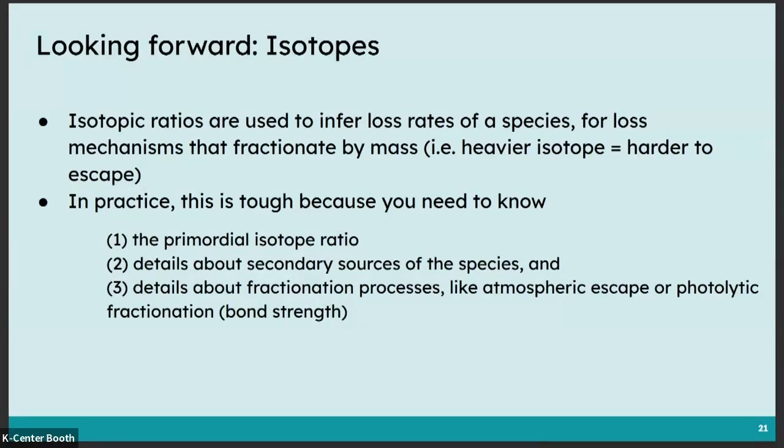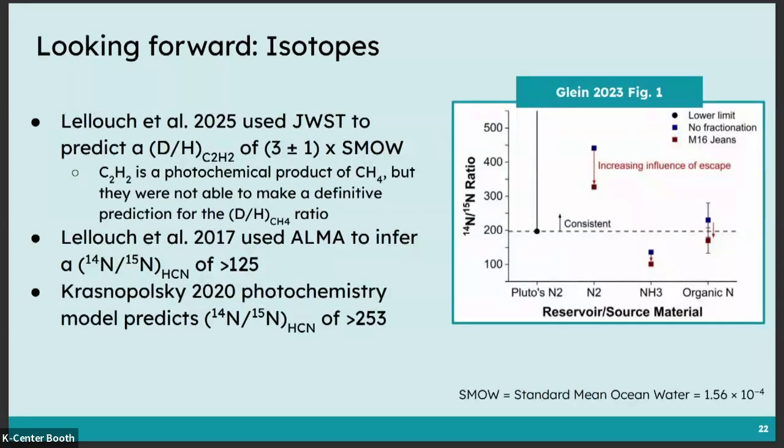In practice, this is tough to do for various reasons, but various people are starting to do it for Pluto. Specifically, Emmanuel Lellouch has used both JWST and ALMA to get estimates of isotopic ratios for D to H, deuterium to hydrogen, as well as for the two isotopes of nitrogen, nitrogen 14 to 15.